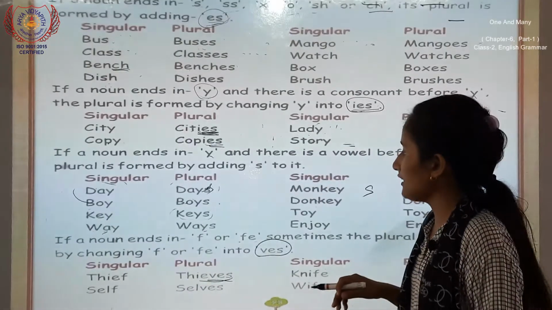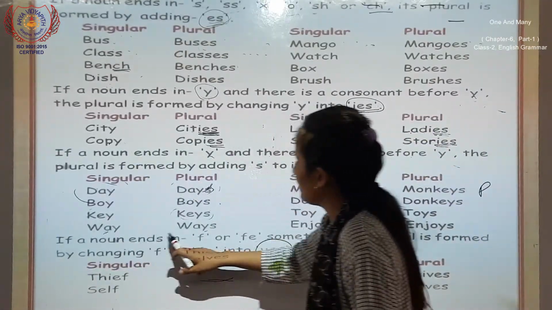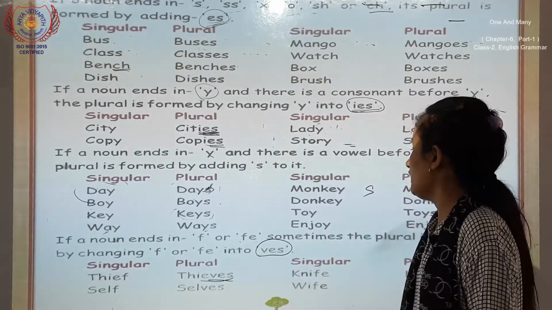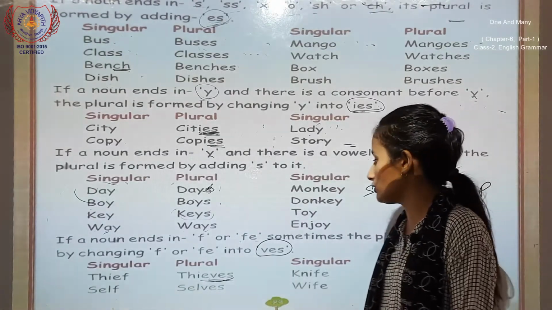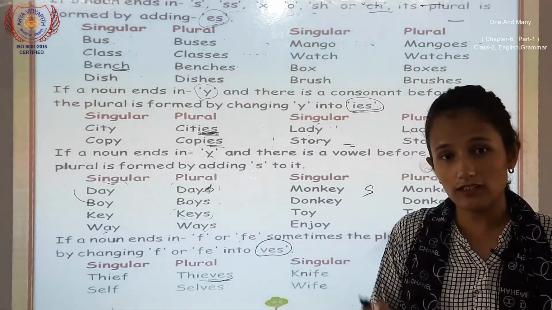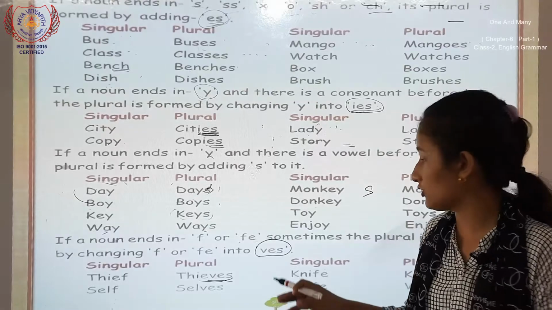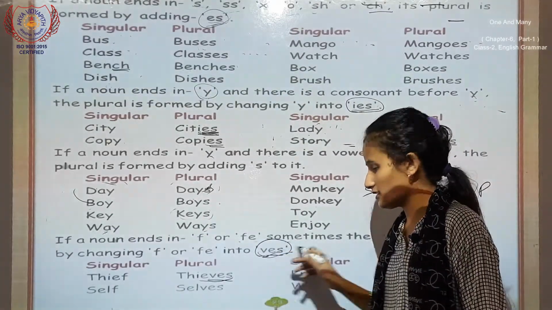Okay. Next, if a noun ends in F or FE, sometimes the plural is formed by changing F or FE into VES. Whenever you can see F or FE, we have to use VES. Okay.